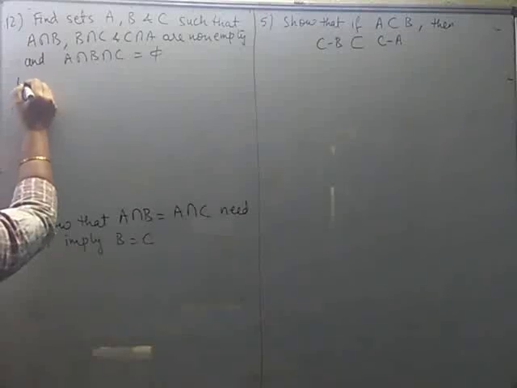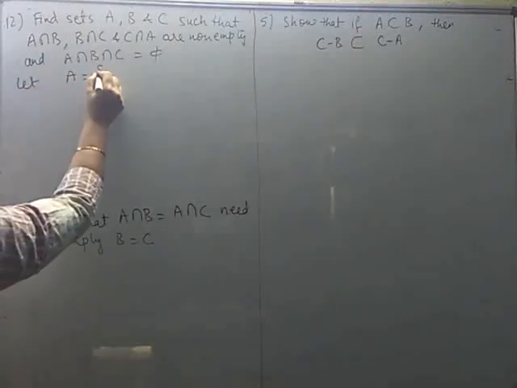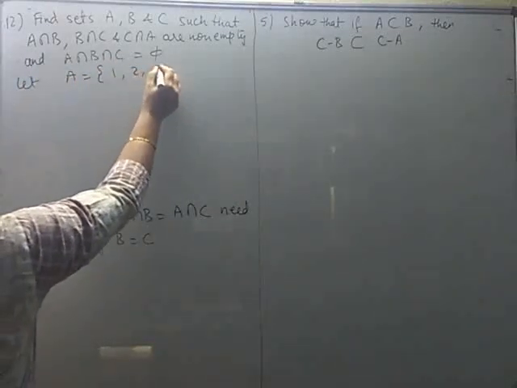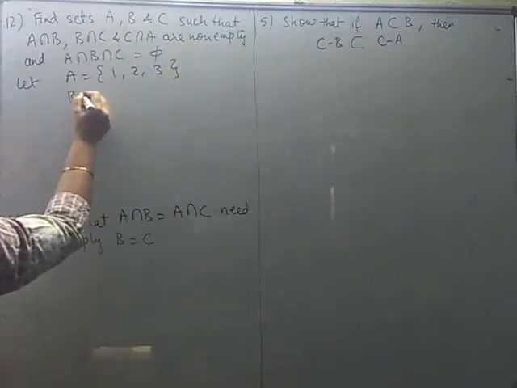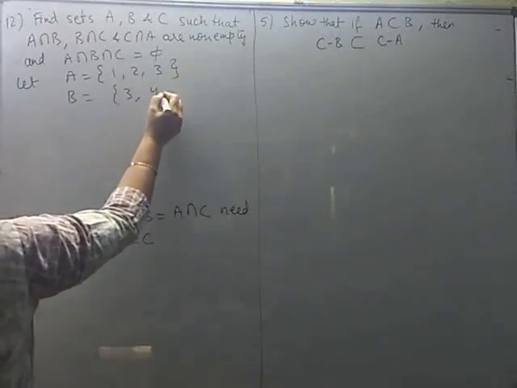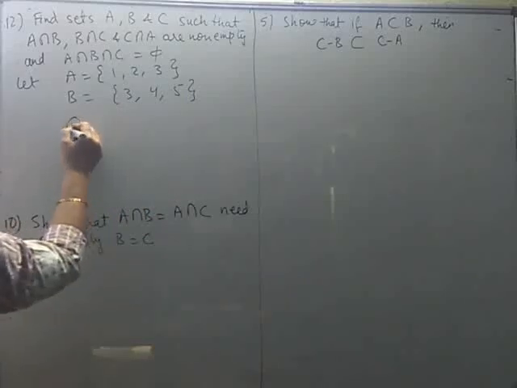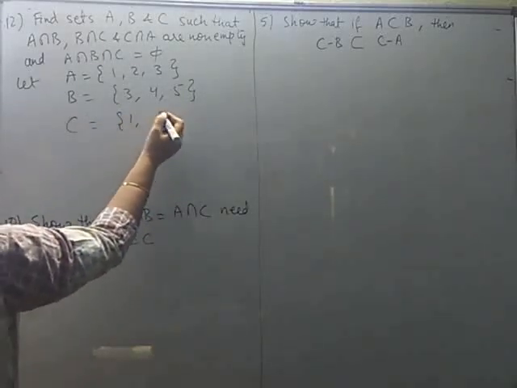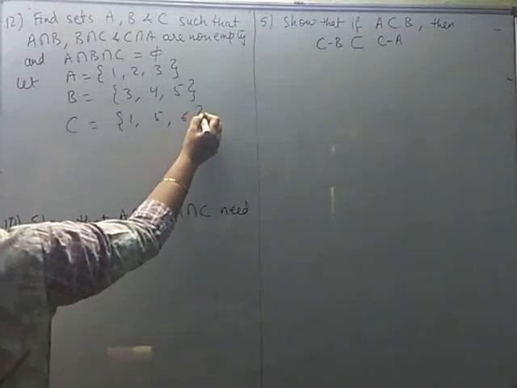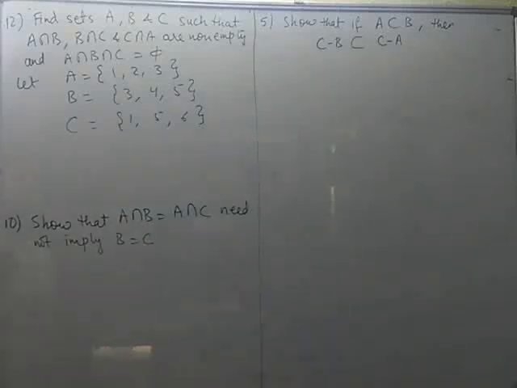So let us assume, say A is a set with the elements 1, 2, 3, and let me assume B is 3, 4, 5, then C can be taken as 1, 5 and 6. Okay, so let us see whether the given conditions are fulfilled or not.